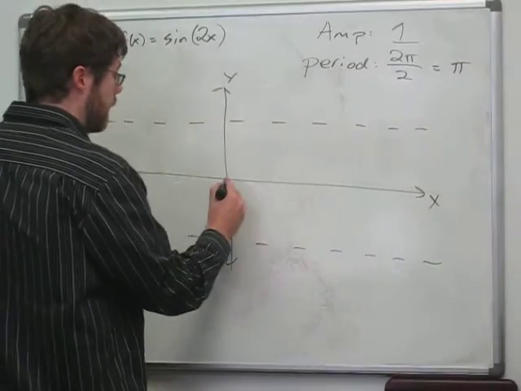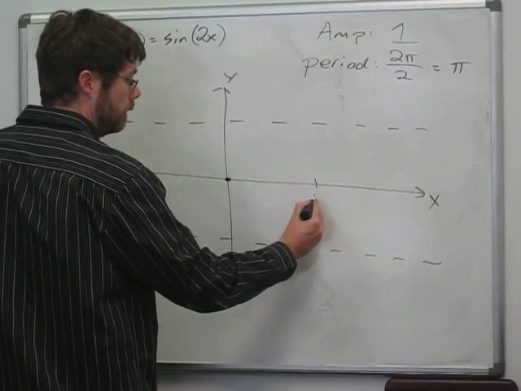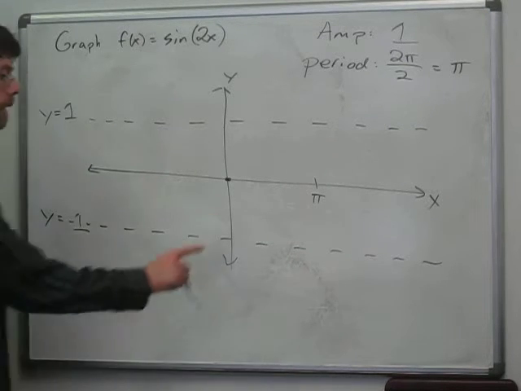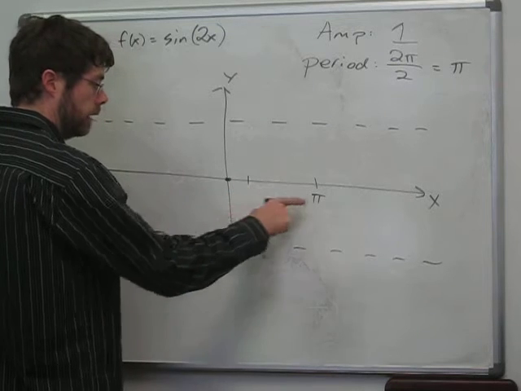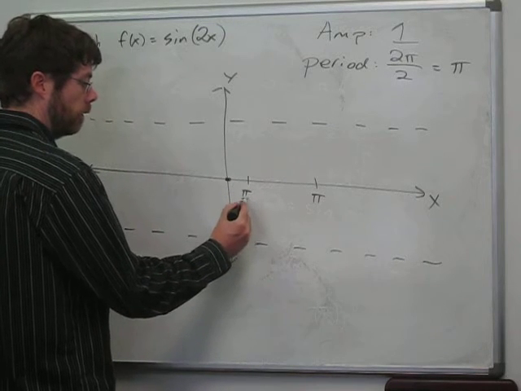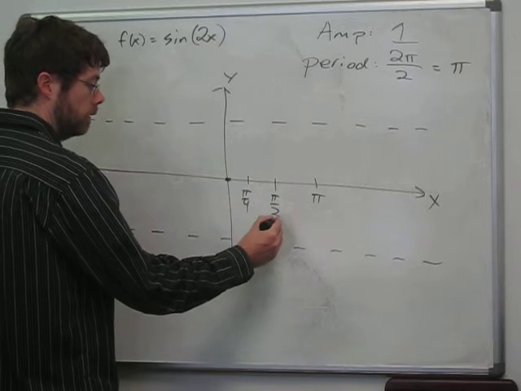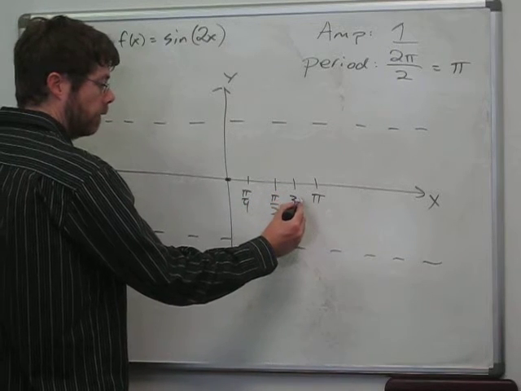The period is pi, so I'm going to mark off that first cycle and then cut this period into fourths. So pi over 4, 2 pi over 4, which is pi over 2, and 3 pi over 4.